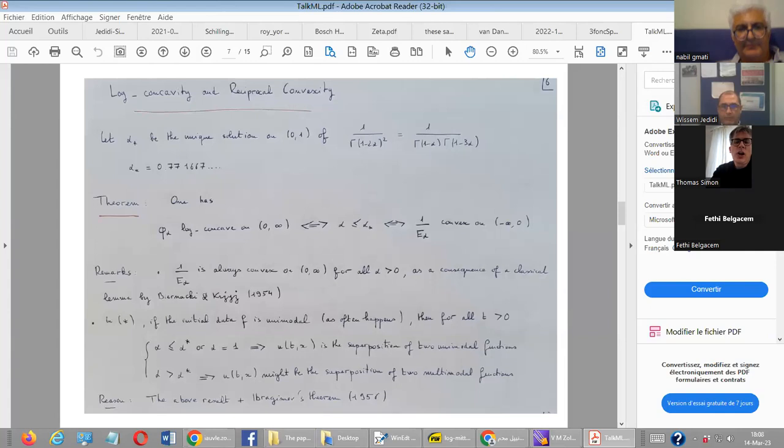You have a series where x to the power of n is replaced by minus x to the power of n, and you have a function where log convexity is replaced by log concavity. And in both cases, you have either absolute monotonicity or complete monotonicity, something like that. But I can send you the reference if you want. But in this case, for the Mittag-Leffler functions, I was surprised by, well, I think now I understood all of it, but at the beginning I was not expecting that something more general was happening.